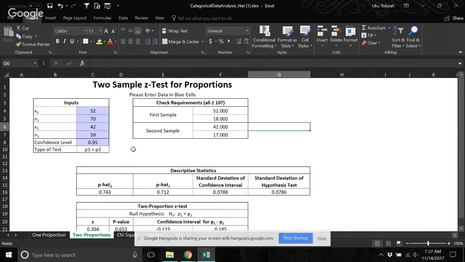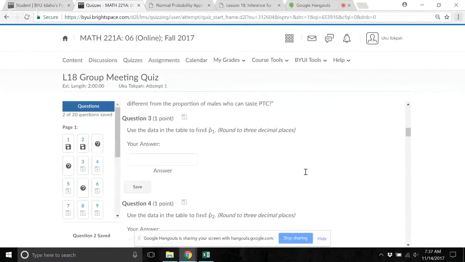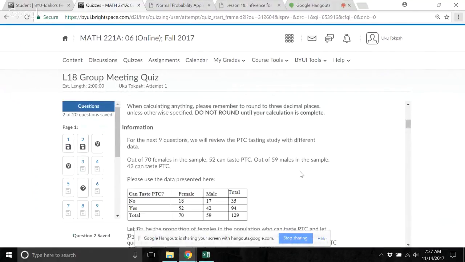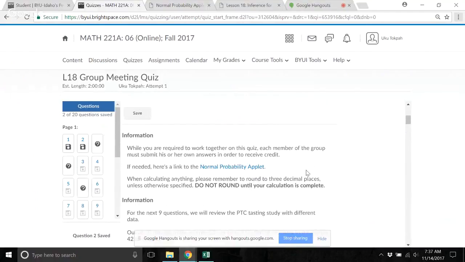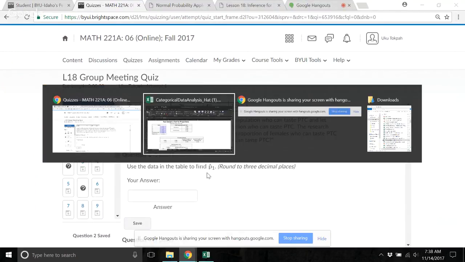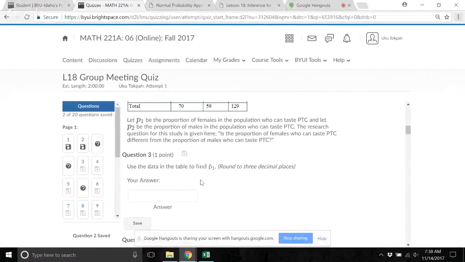And then you need to change your type of test to P1 is not equal to P2. Confidence interval, is it still at 95? Yep. Okay. At this point, it doesn't matter for answering questions 3 and 4. We're inputting the results of the p hats. The confidence interval doesn't affect the p hats. Okay. So number 3 is just p hat 1. Number 4 is p hat 2.